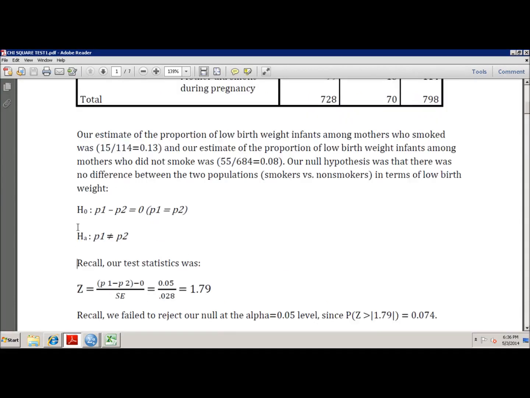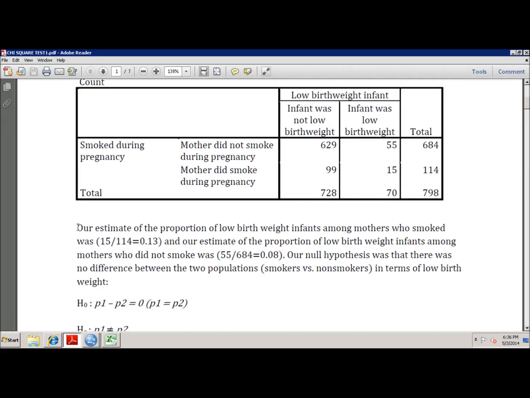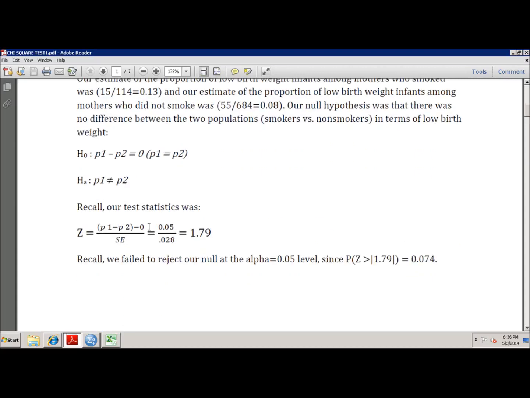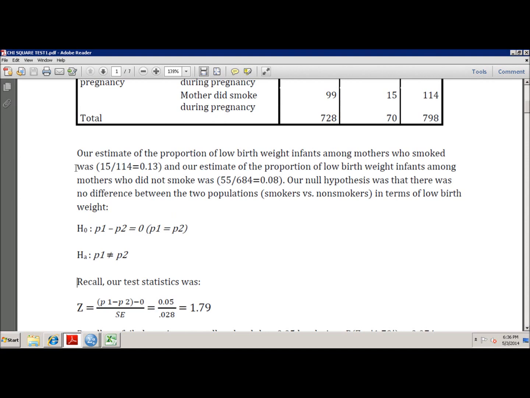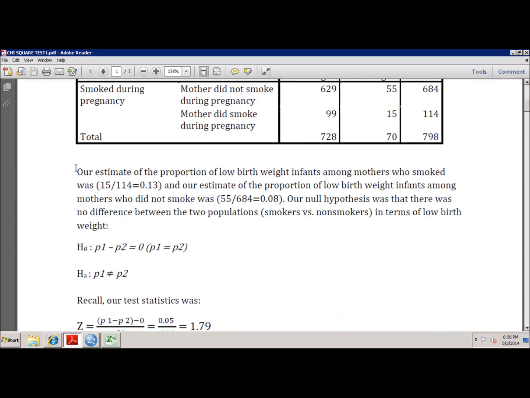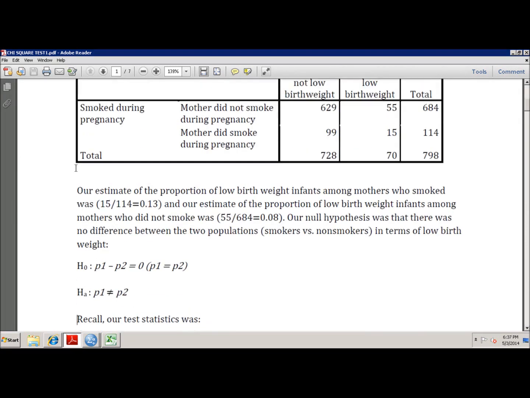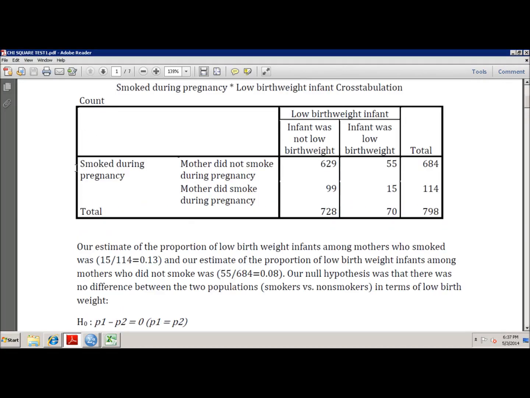When we had done the test of proportions, we had a z-score, our test statistic, and the p-value for that z-score is 0.074. So we see here that for the 2x2 table, the results of the chi-square test and the test of proportions and the odds ratio are all equivalent. So we looked at this 2x2 table three different ways.